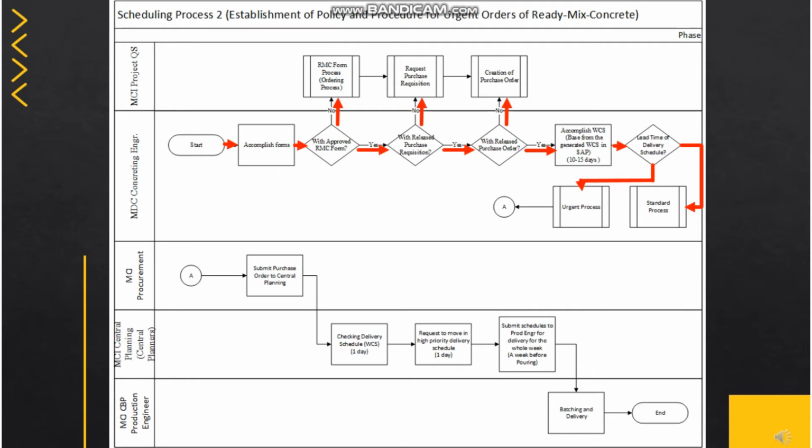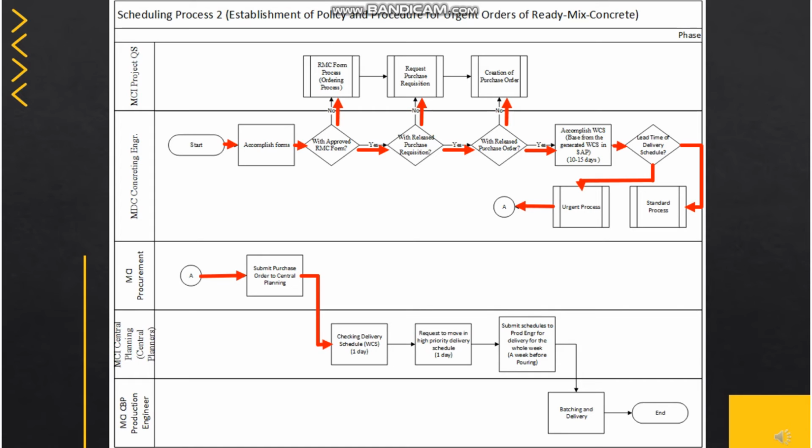If the normal process is chosen, the process outlined above will be followed, and if the urgent process is chosen, the procedure outlined above will also be followed to meet the requirement prior to RMC delivery.